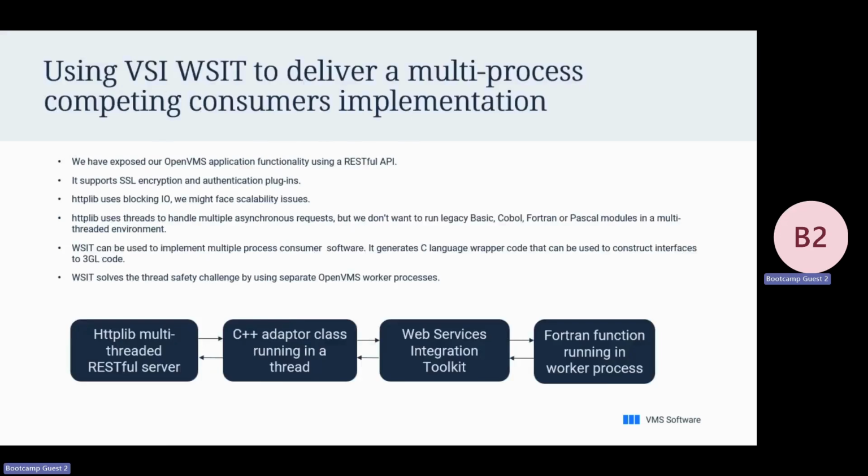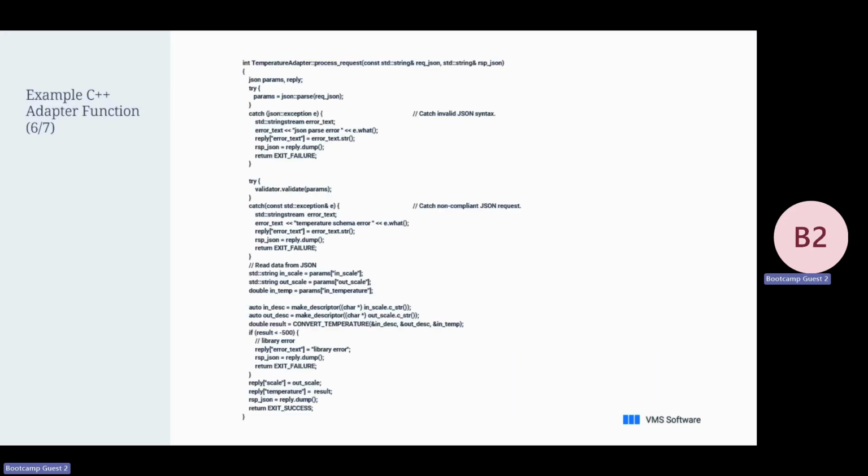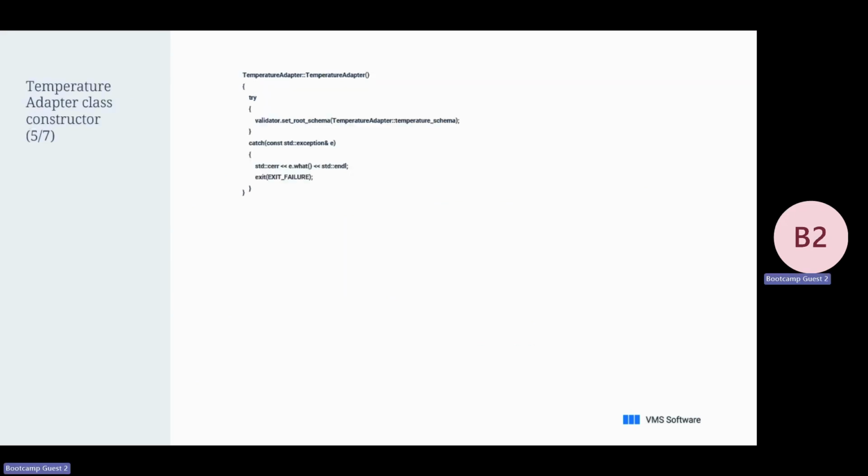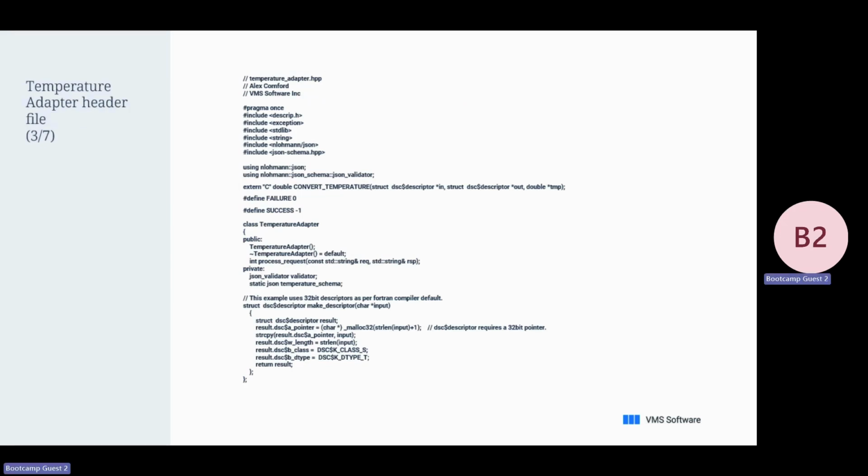If we jump back several pages, you'll see the make descriptor function had some magic in it. And you'll see that I'm making a 32-bit descriptor, and the operating system has a string descriptor. You can do it with a 64-bit or a 32-bit, and it's something to be careful with.